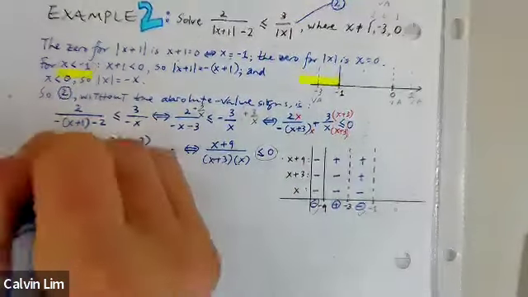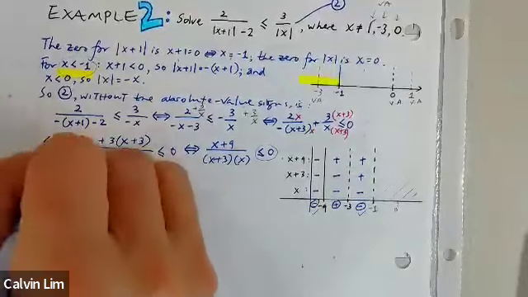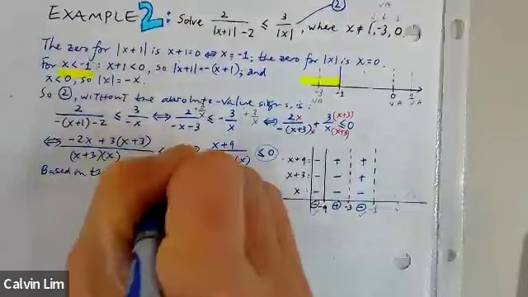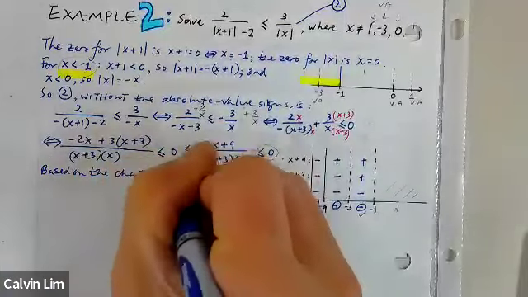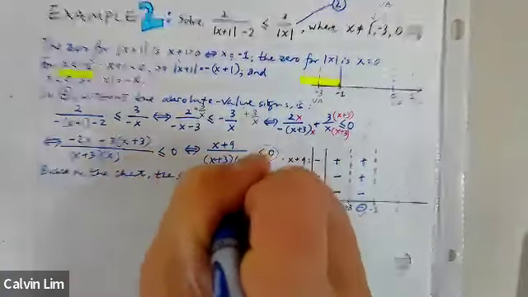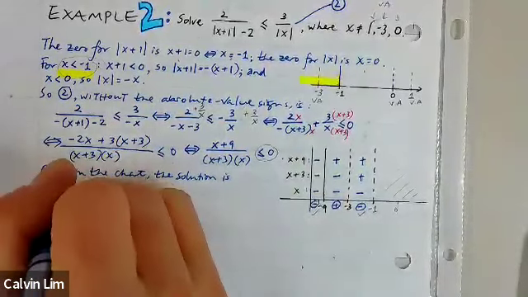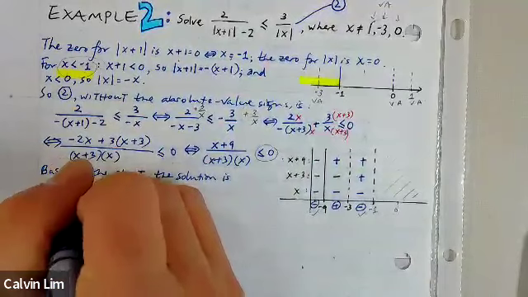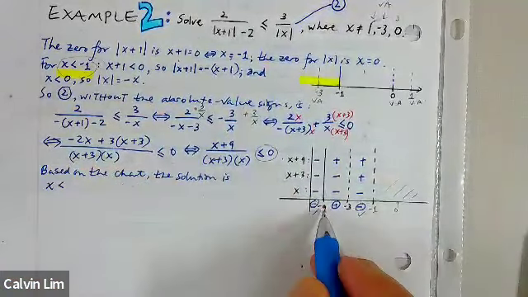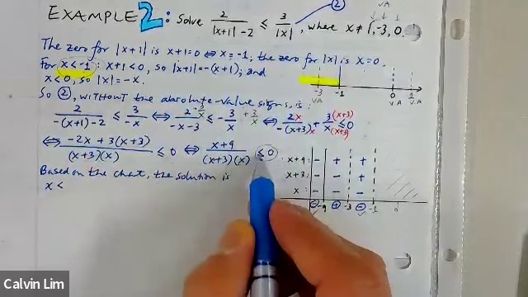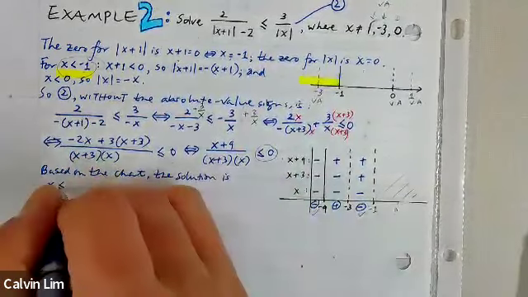Based on the chart, the solution is x less than or equal to -9. Do we include -9? We do, because it's a less than or equal to.